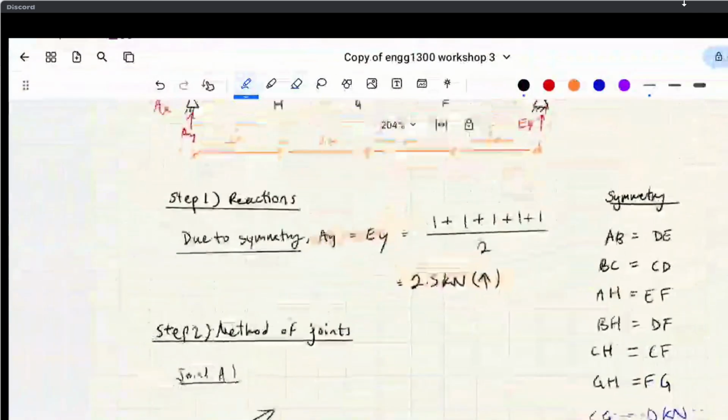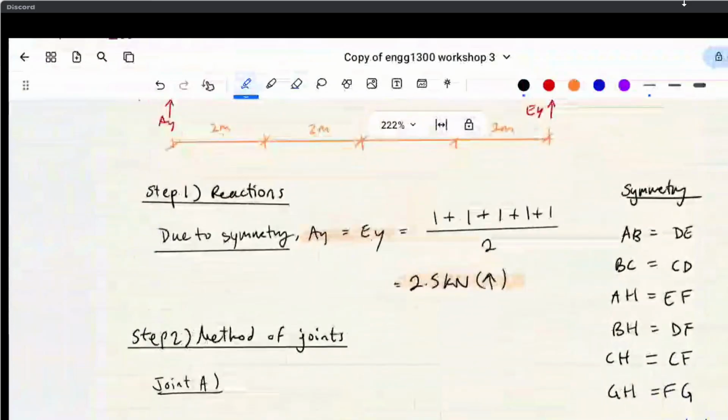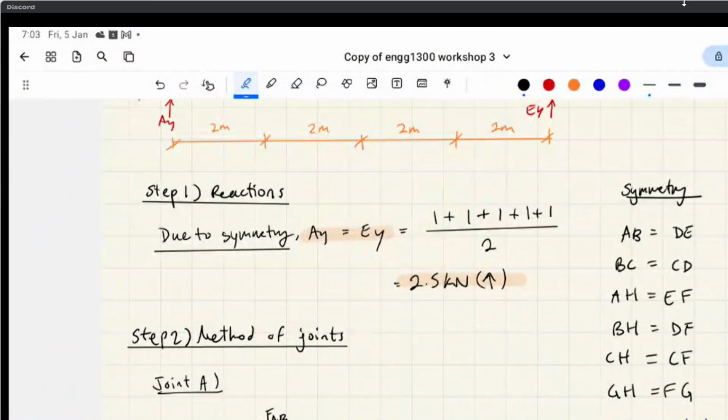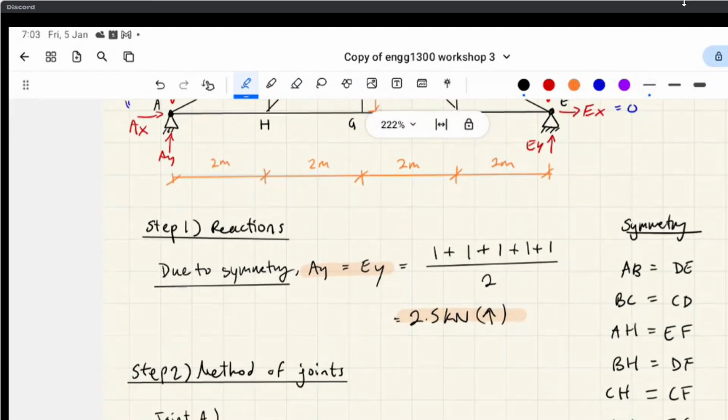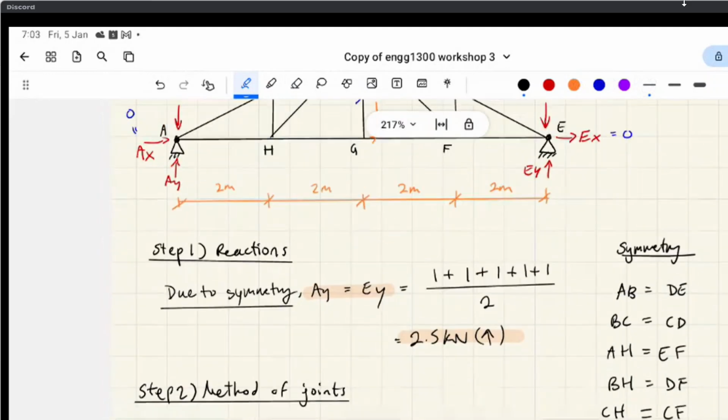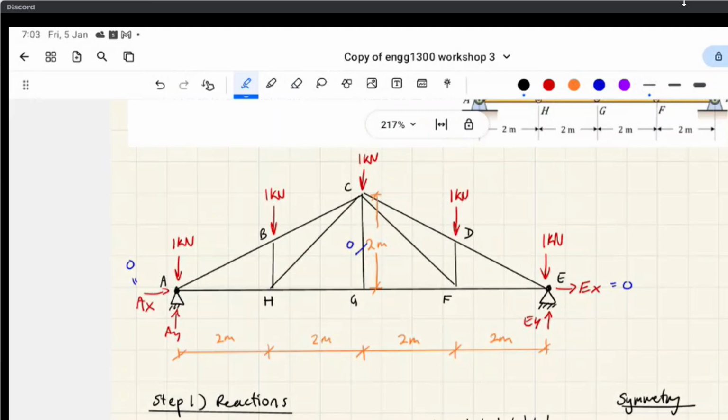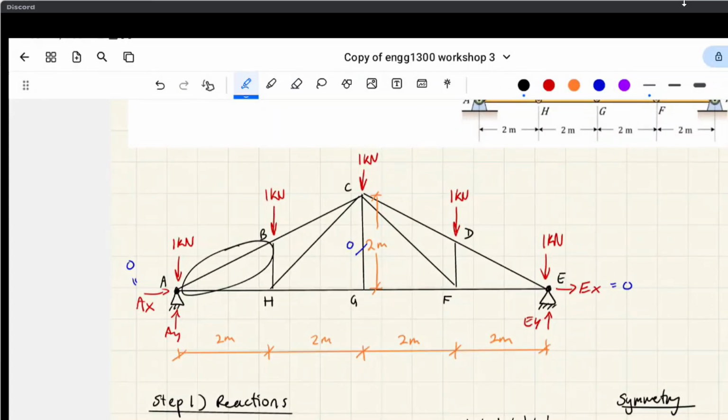Okay, next, here's how we want to do things. Some people label it like force AB, but I just find it really annoying to write F every single time. So I just call it AB, and here's AH. I like to label it alphabetically: you're naming each member by the joints that it's connected to.